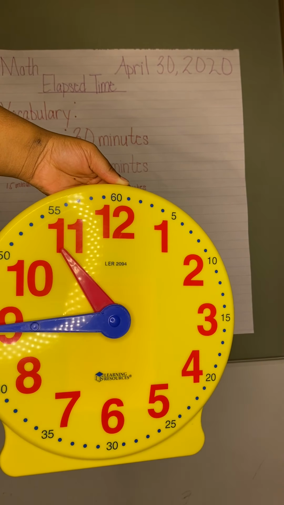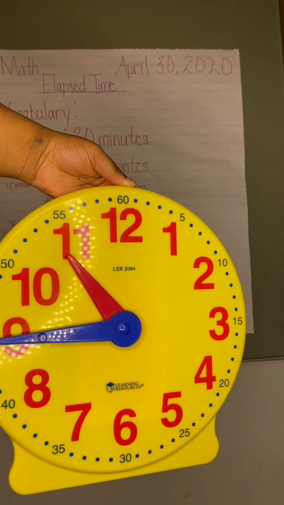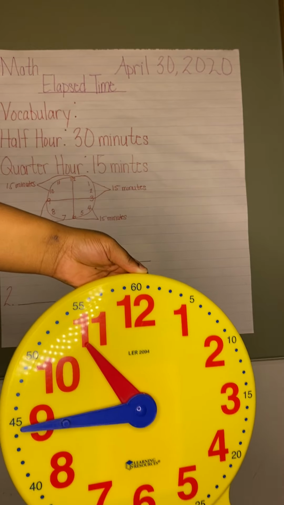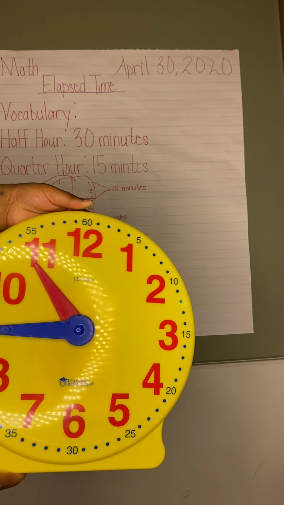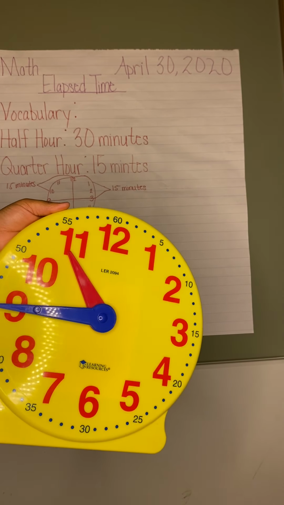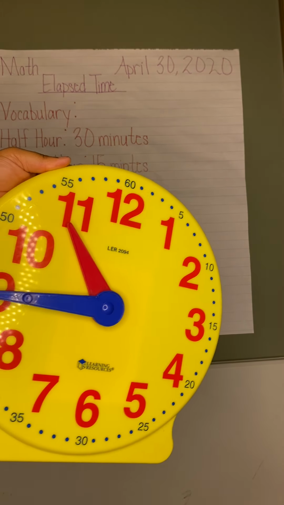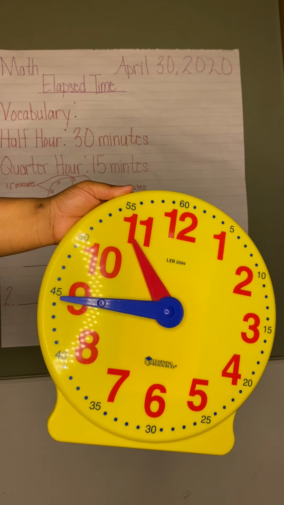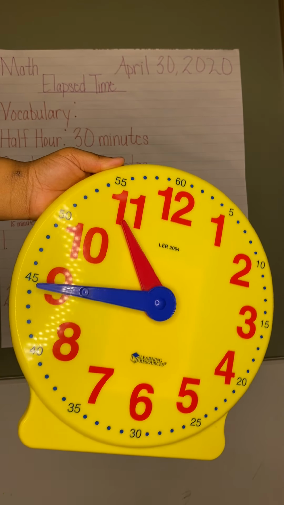So I need to find out how much time has passed between 10:45 and 11:15. I need to count and see how many minutes pass from 10:45 until it gets me to 11:15. Right now I'm at 10:45, but I'm trying to get to 11:15.